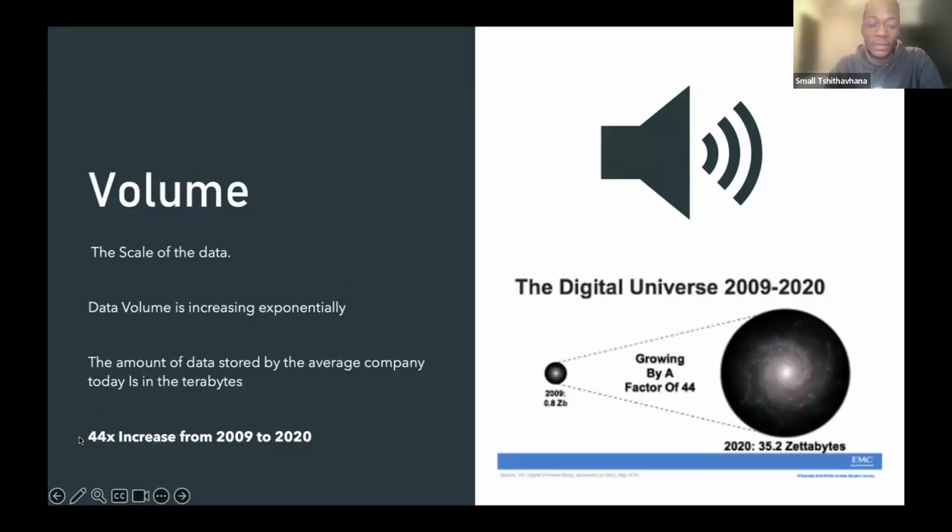So the volume of data is increasing exponentially, with a multiple of 44 per year. And this means that your average company in the modern day is collecting zettabytes of data on a daily basis.